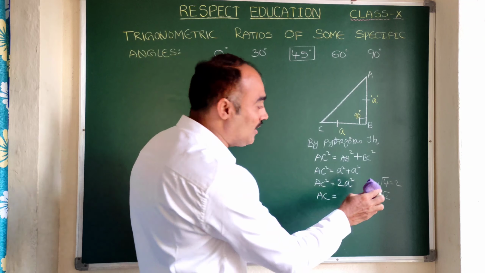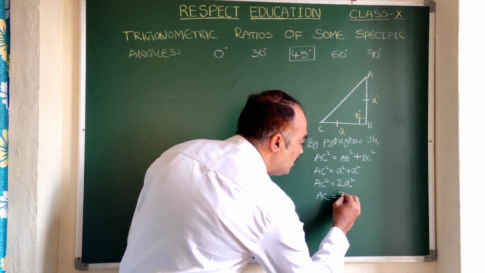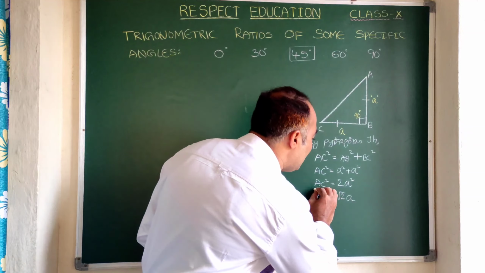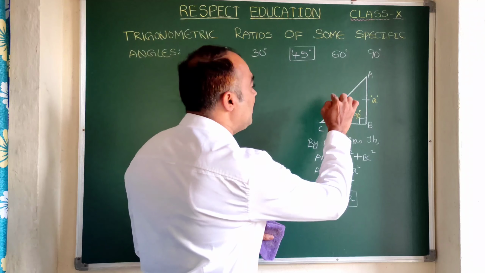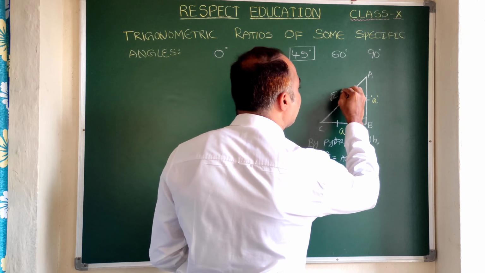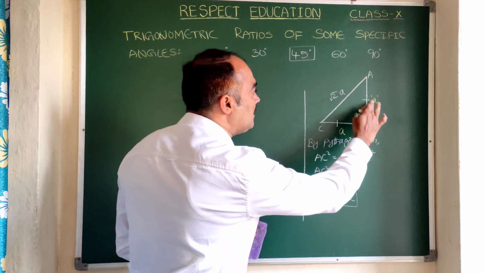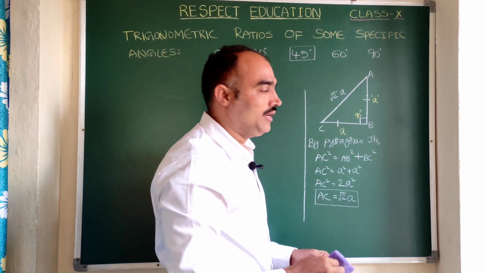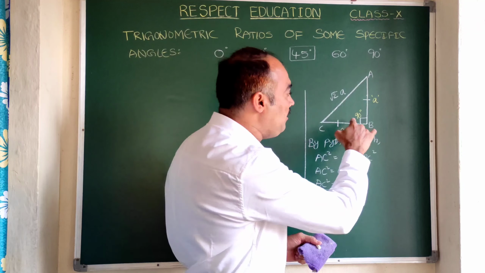Square root of 2 is square root of 2 only. It does not have a perfect square root. So it is root 2. Now here, can you tell me what is the value of AC? Root 2a. So let us write here root 2a. Clear? Now we have all the three values. What is the value of AB? Small a. BC, small a. AC, root 2a. Angle B, 90 degrees.